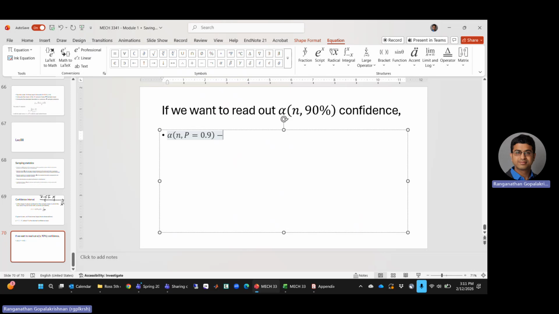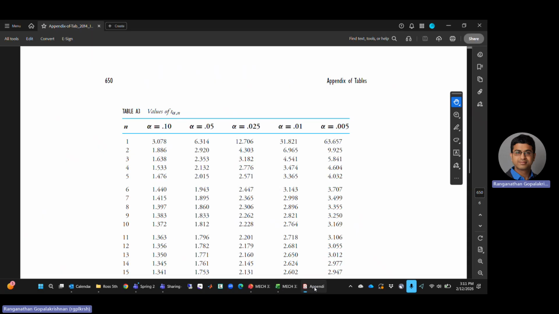This would be 1 minus 0.9 or 0.10. So you would read this from the first column. Now, if I want 95% confidence, I would read it from the second column where alpha is 0.05. And if I want 99% confidence, I would read it from the third column.